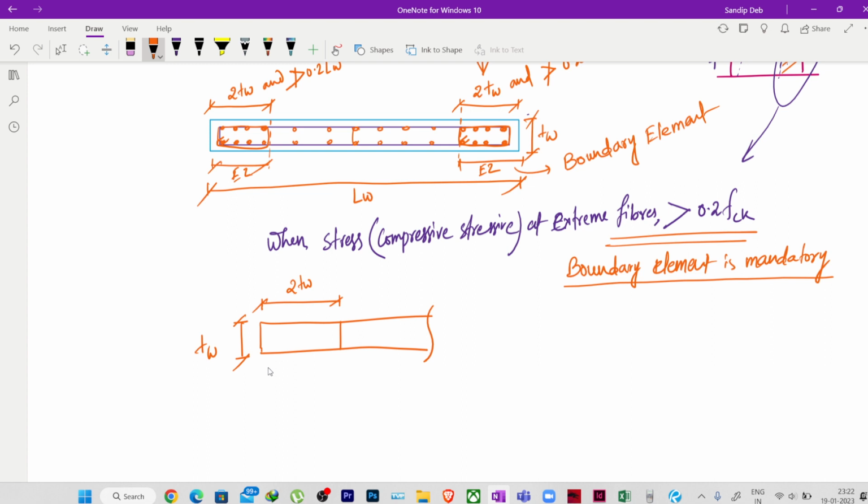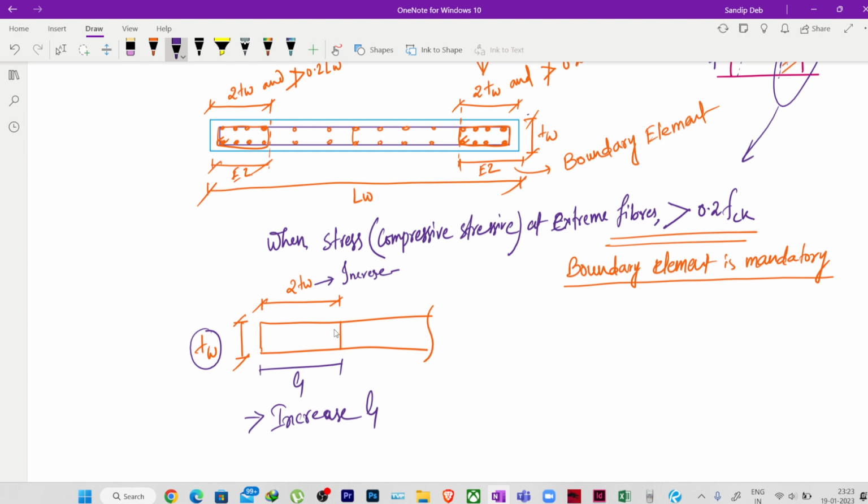Now if you see that you need to increase the length of the boundary element, first of all we will keep this fixed and we will not increase it. We will increase this length; if I name it L1, first we will increase L1.